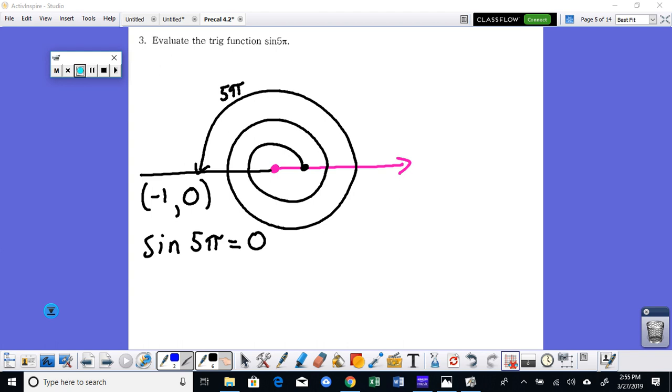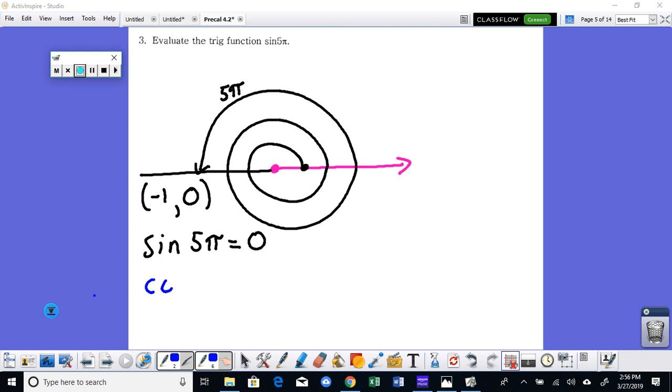Okay? Making sense? Question was, what if we did that with cosine?